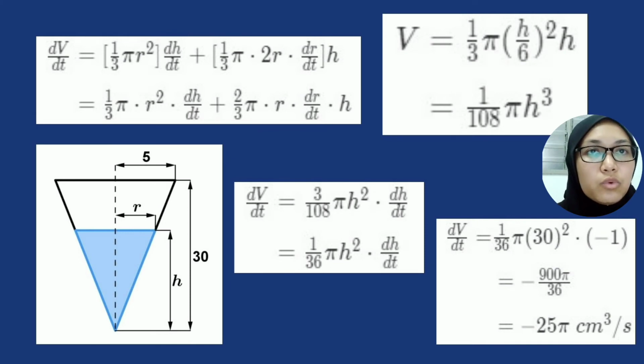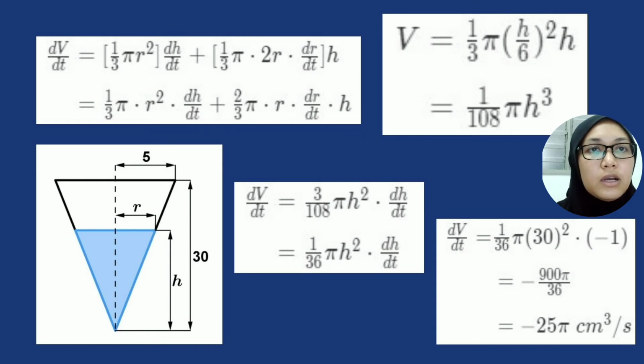So we need to put the values into the differentiated equation. dV over dt equals 1 over 36 pi, h we already know is 30.